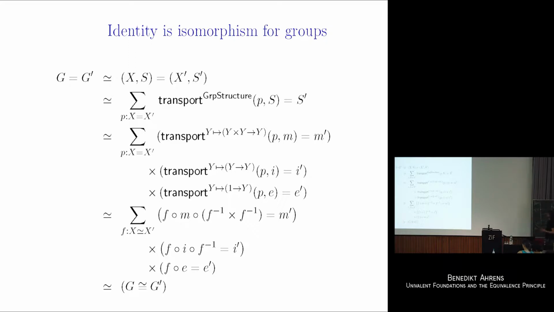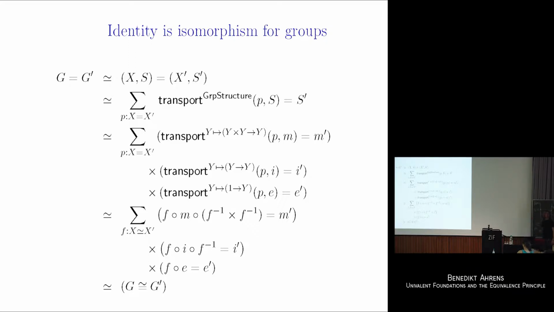By the characterization of identities between dependent pairs that I've shown you on a previous slide, such an identity is given by a pair of an identity between the first components, and then the transport of the group structure S along this identity between the carriers should be the same as the group structure S prime.